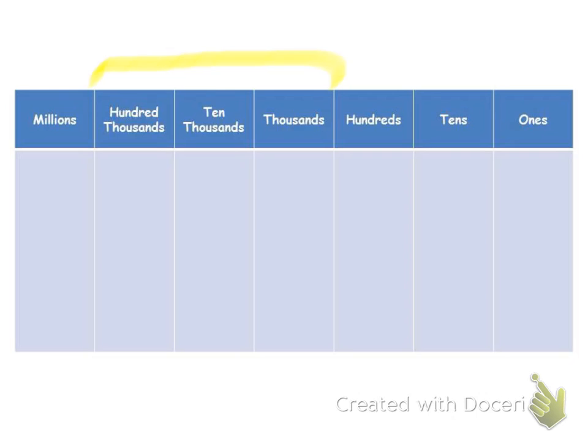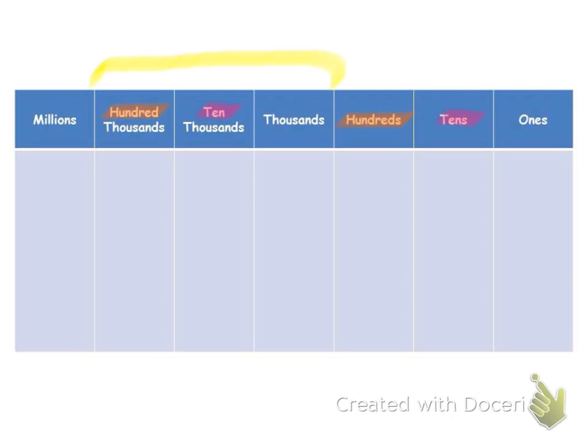I also see that some other words repeat. We have 100, that repeats from over there, and we have 10, which repeats from right there. So we have some repeating words.